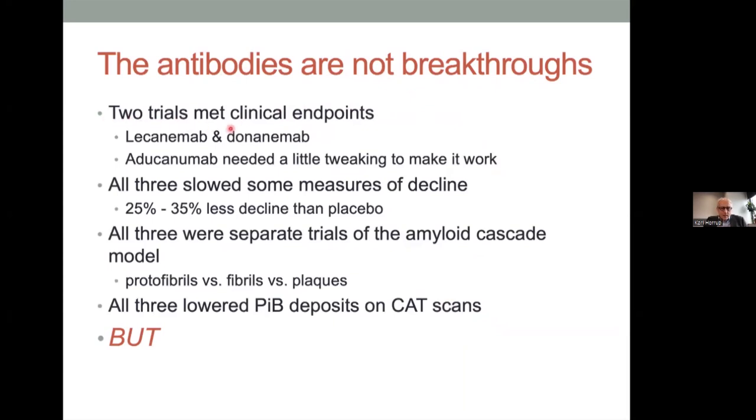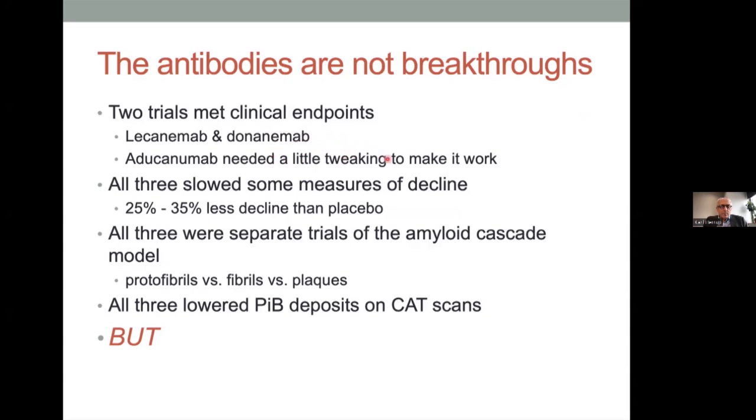Aducanumab really did not meet its clinical endpoint. They had to jigger the analysis after it was halted for futility to actually end up with this significant sub-analysis. Lecanemab and donanemab, however, were clean successes.